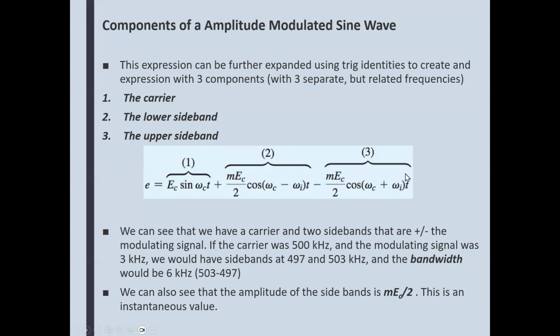Here's the upper sideband, because it includes the angular velocity of the carrier plus the intelligence, and it contains the angular velocity of the carrier minus the intelligence.